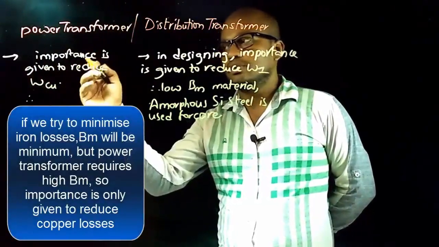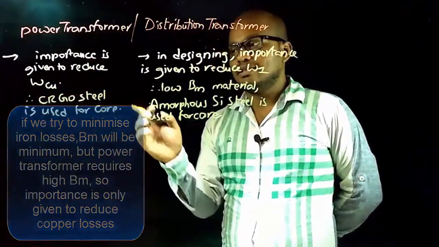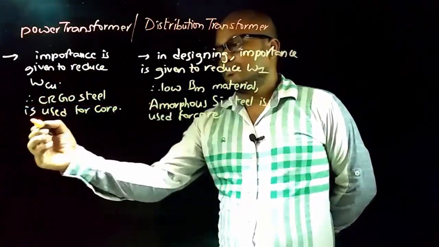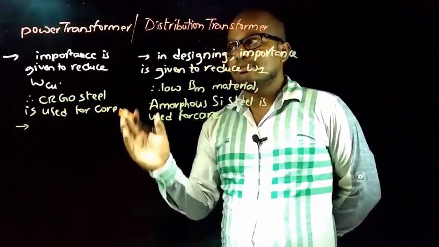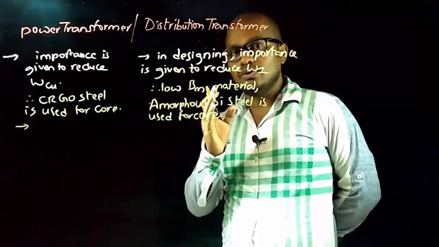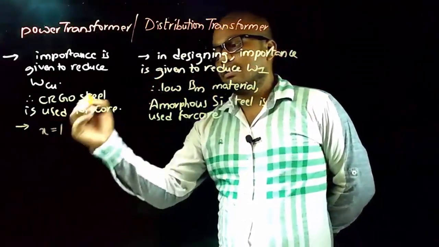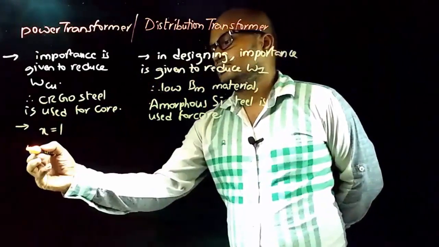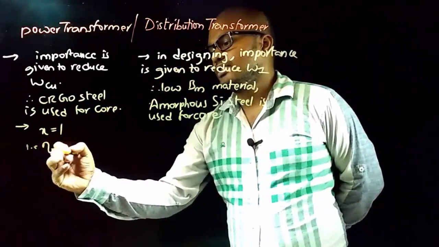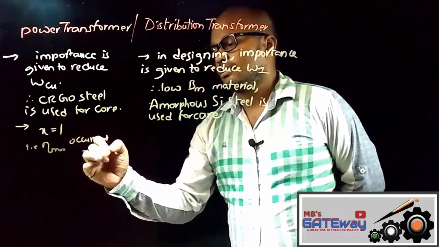And here for core, the material used is CRGO steel, and CRGO steel will have good flux density. And the other important point is, as the power transformer is 24 hours loaded, the average load is full load, because it is continuously loaded. So here X is equal to 1, that is maximum efficiency occurs at X is equal to 1.